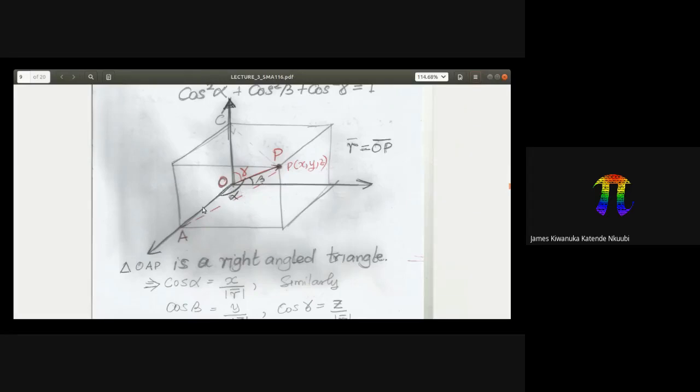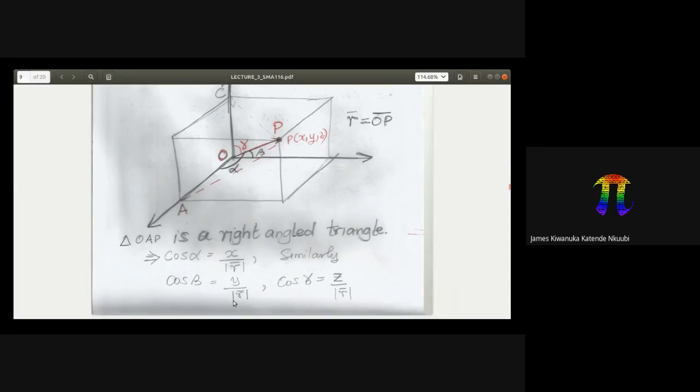X is this distance, right? That's the distance x, divided by the length of the hypotenuse, which is just the magnitude of r. Using the same argument, you should be able to see that the cosine of beta is also this distance from here to here.